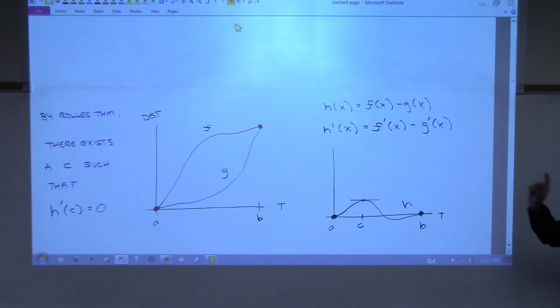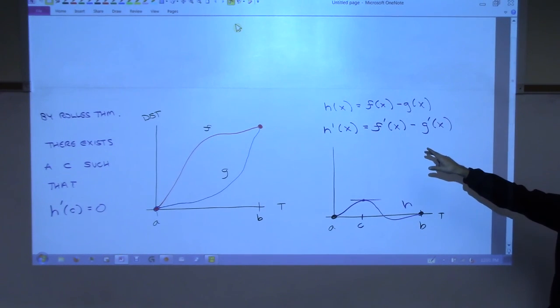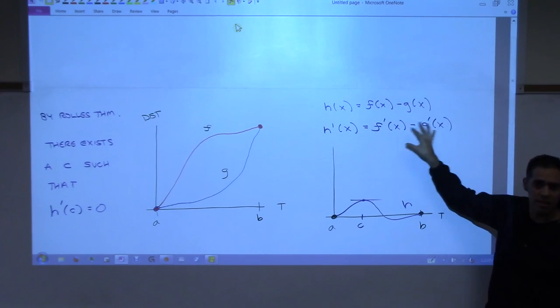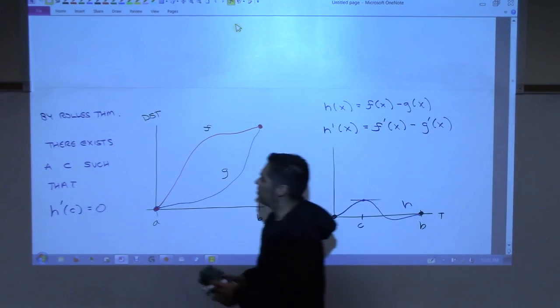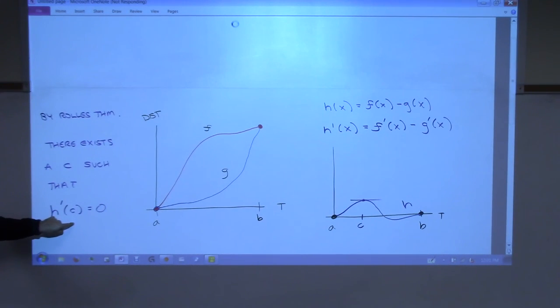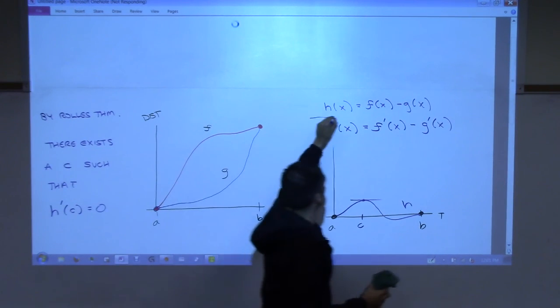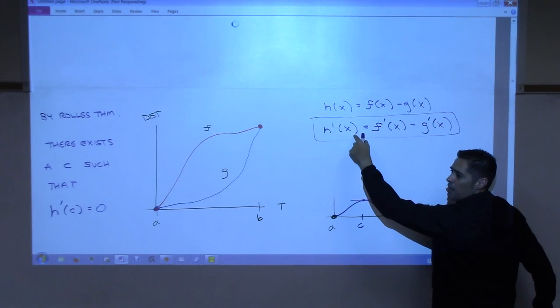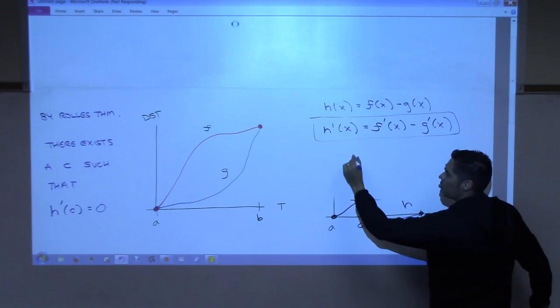All right, now plug c into this and tell me what you get. So this is the relationship between the derivatives of h, f, and g. But you know that there exists, by Rolle's theorem, some point where the derivative of h at c was 0. So plug c into this equation right here, and what do you get? h prime of c is what? 0.